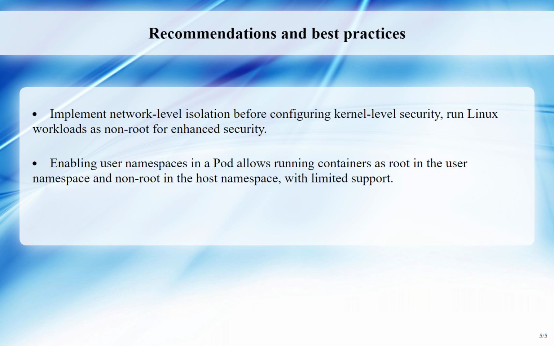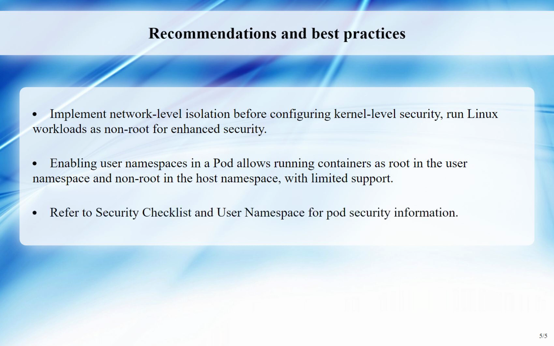Additionally, enabling user namespaces by setting hostUsers: false in the pod manifest allows running containers as root in the user namespace and as non-root in the host namespace. This feature is still in development and may not have full support yet. Refer to the security checklist and "Use a User Namespace With a Pod" for more information.